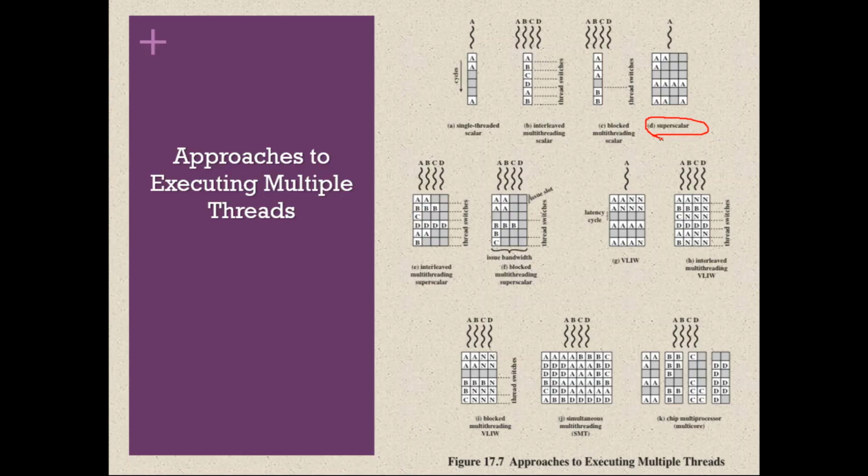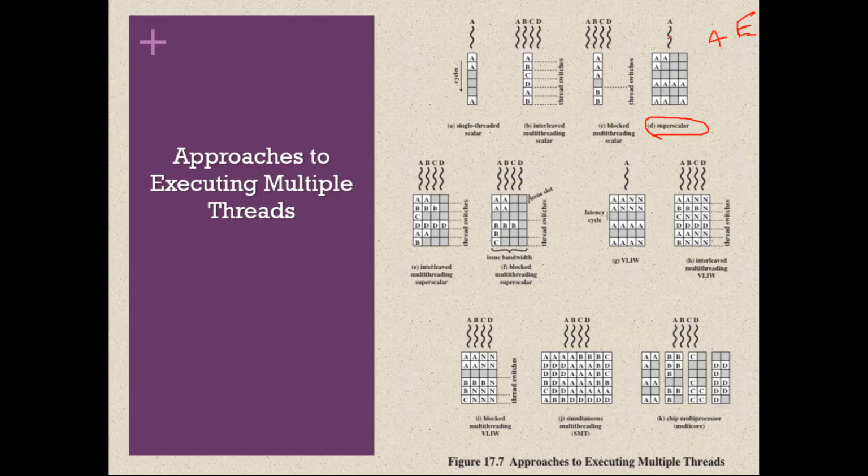So this diagram shows that inside the same processor we have 4 execution units, which means we can execute 4 instructions simultaneously.